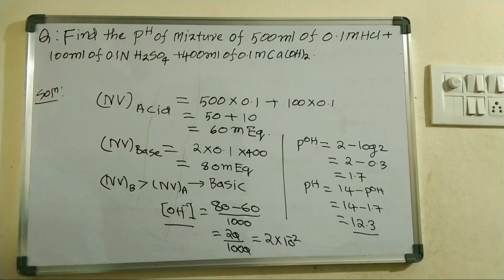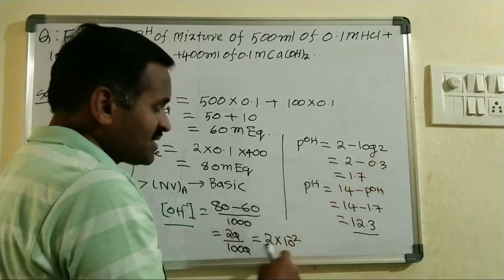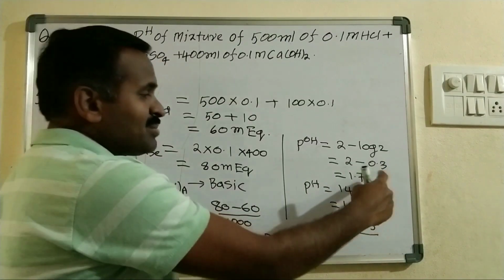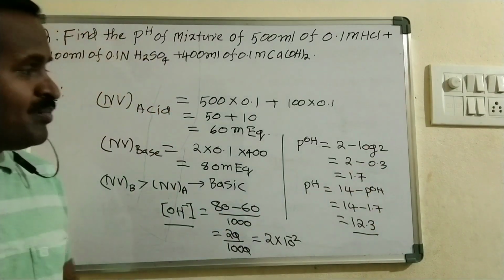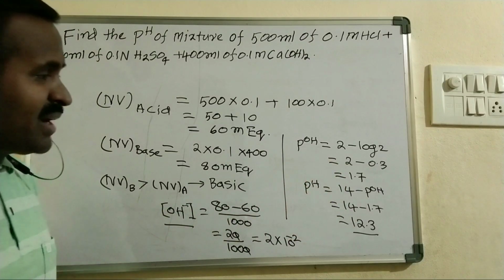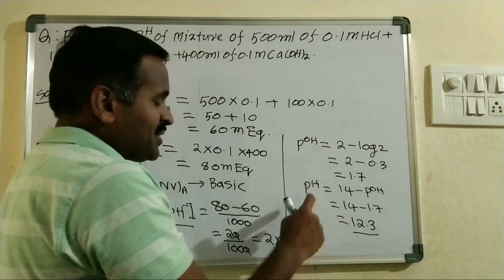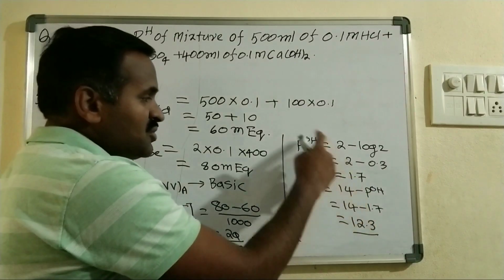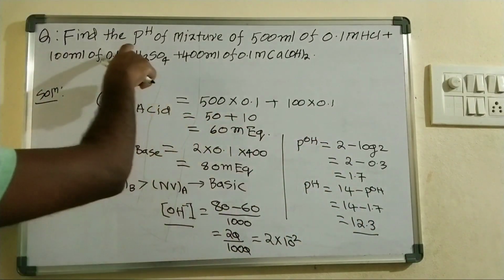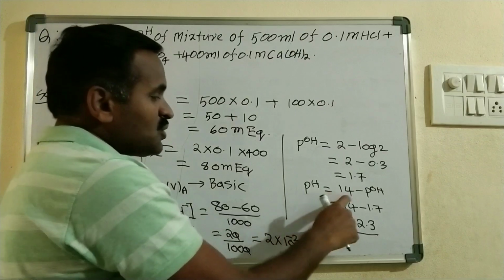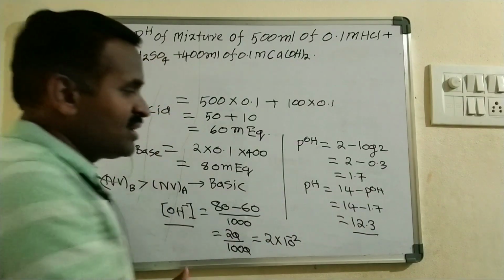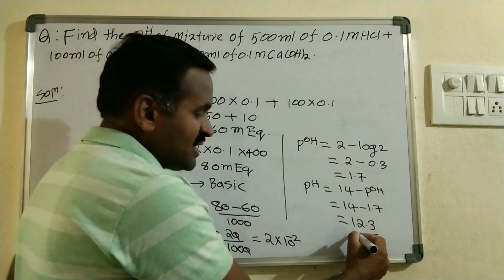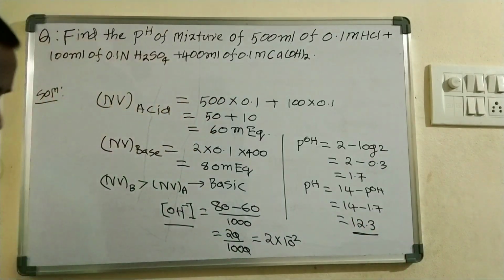From this I will get pOH as 2 minus log 2, and log 2 value is 0.3010. You can take it as one decimal place, that is 2 minus 0.3, 1.7 you will get. Whereas pH is equal to 14 minus pOH, you got only the pOH, they are asking the pH, and 14 minus 1.7, you will get 12.3 as the pH value.